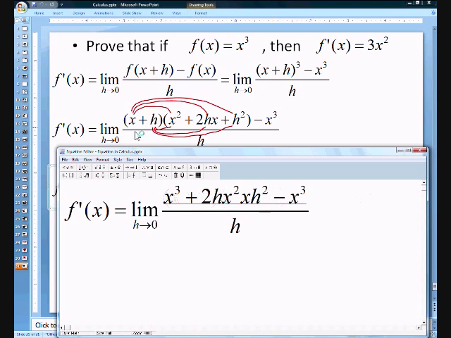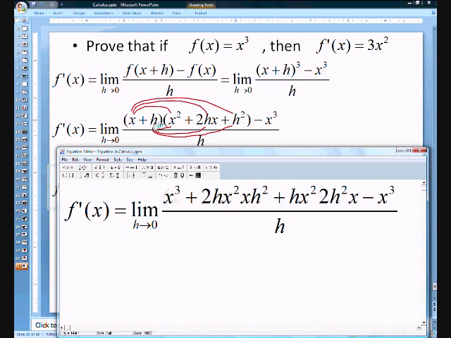And so basically we just finished off the first part. Now we're doing the h. So now we have to do plus hx squared and 2h squared, right?